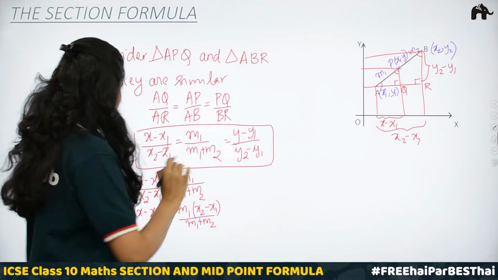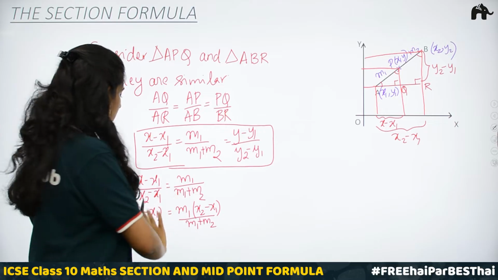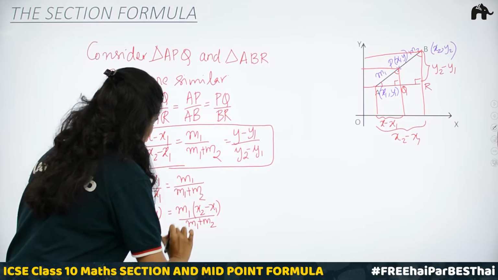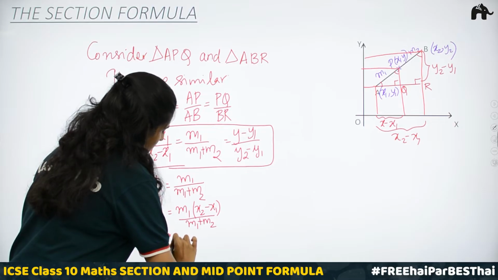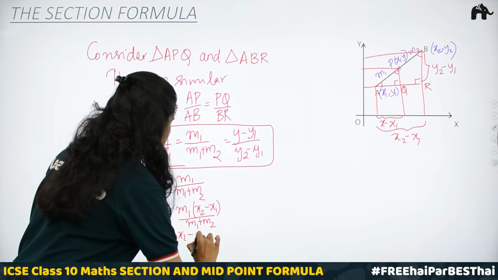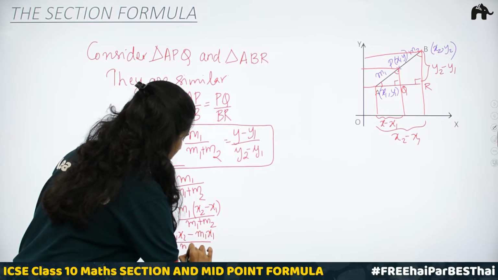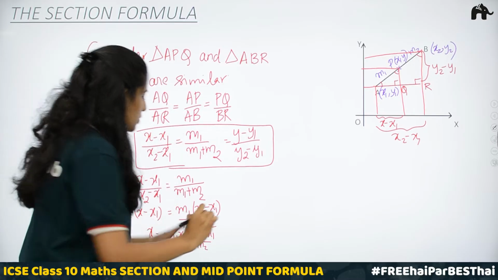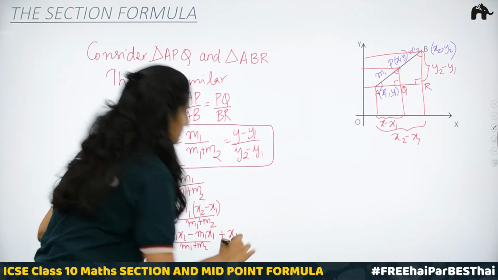We need x. So, keeping x on one side and taking all other terms to the opposite side, we get x is equal to m1 x2, removing the brackets and multiplying, minus m1 x1 divided by m1 plus m2. And taking this minus x1 to the opposite side, it becomes plus x1.